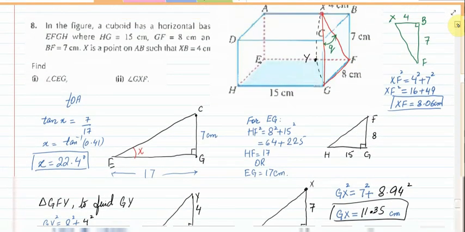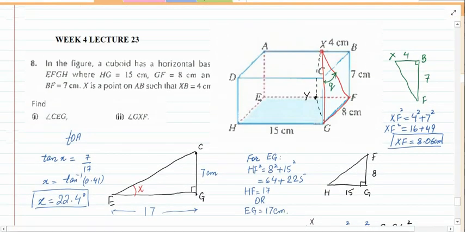Right? So it is a bit lengthy question, and also I've made one mistake in this question, right? And the mistake was the wrong value. Now if I need to summarize this question, look closely. Basically the question is in this part, GXF. So first I made a triangle GXF, and when I made this triangle, I observed that there is no right angle triangle.